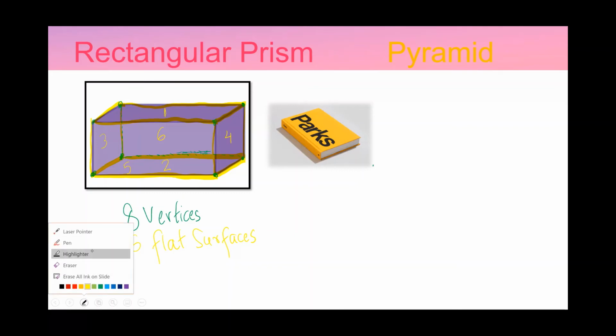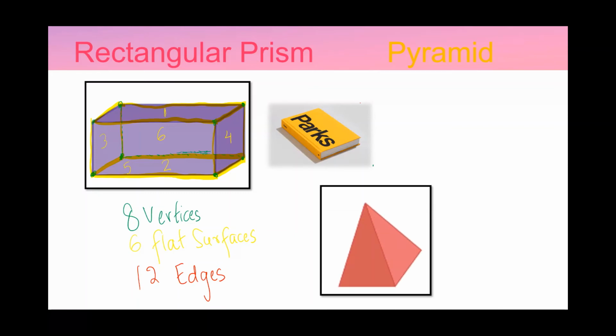How many edges? 12 edges. You can see the book. And now you can take the book and count how many edges and how many flat surfaces and how many vertices a rectangular prism has.